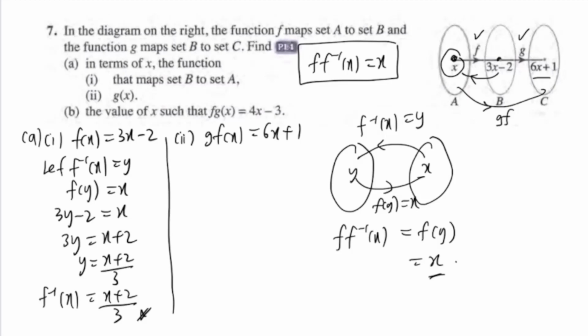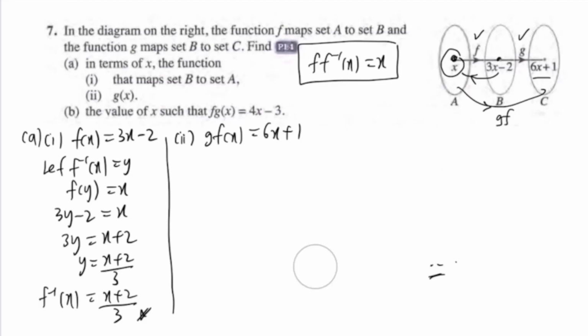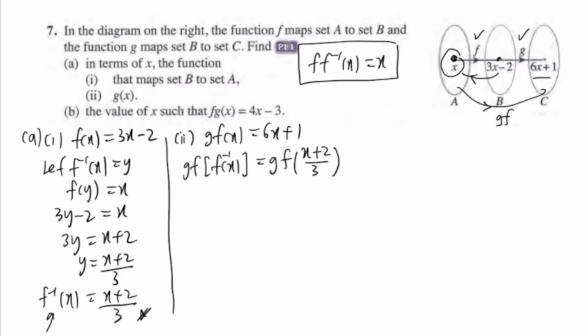So now, since I know my f inverse from part A, I'm going to put f inverse inside here. So when you put f inverse inside gf, my f inverse is (x + 2)/3. Can you see that? Now the f and f inverse will cancel each other out. So now you're left with g(x).